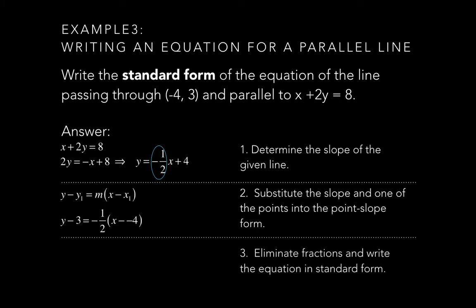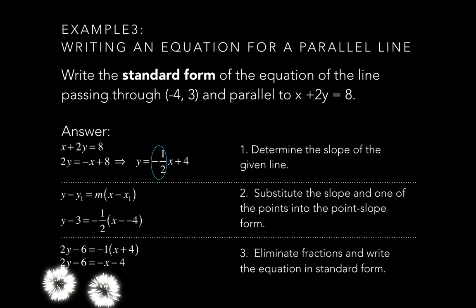Because we want it in standard form, we want integer values, we'll get rid of the fractions and write it in standard form. That would be by multiplying everything by 2, distributing that negative 1 into the parentheses, and then moving your terms so that they are in the standard form position.